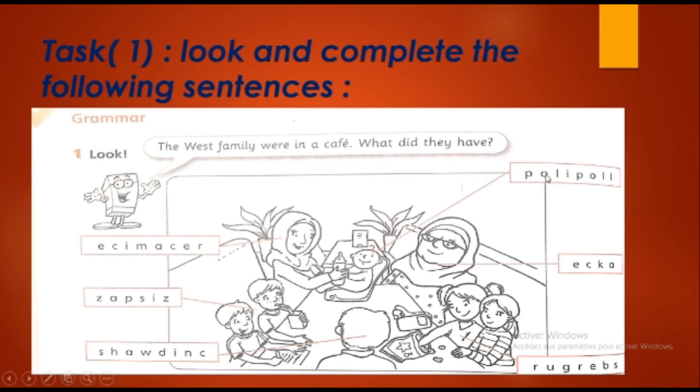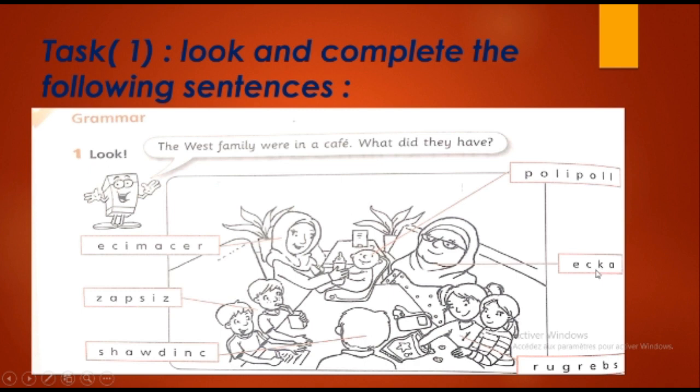Look at these letters. They are not ordered. Now let's start with law. Can you guess what the word is? Maybe lollipop. Is it lollipop? Yes, thank you. Lollipop.